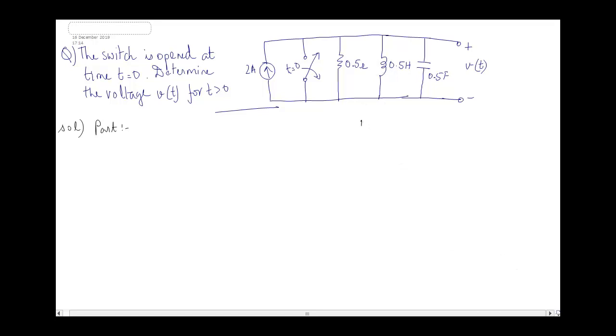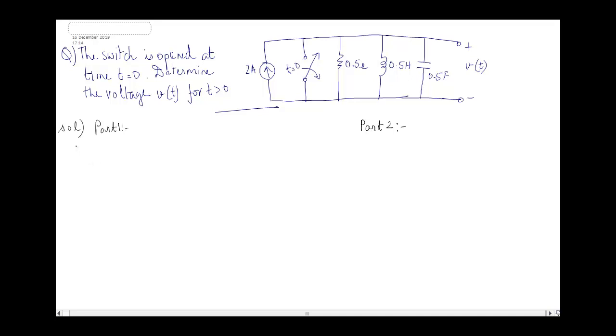So in part 2 we will have the circuit with all the components, just like we are having in part 1. So let's do part 1.